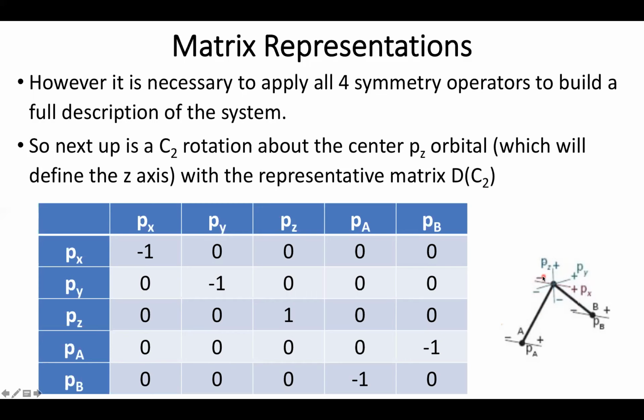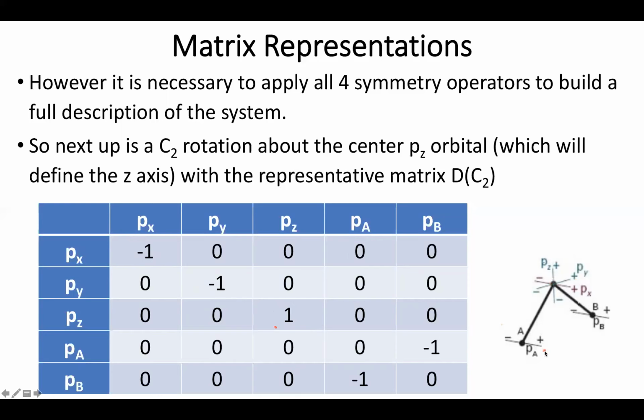Positives become negatives, and negatives become positives. So that gets a value of -1. Py also remains py, but again flips direction, +1, -1, so it gets a -1 value. Pz, however, spins around like a ballerina and doesn't move anywhere, so it gets a value of 1.